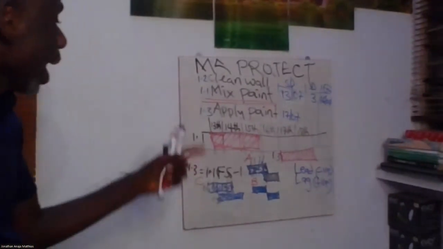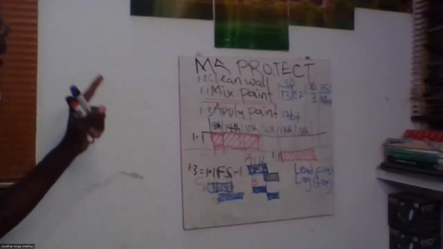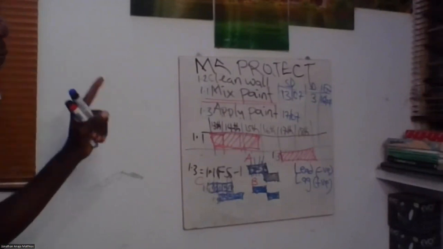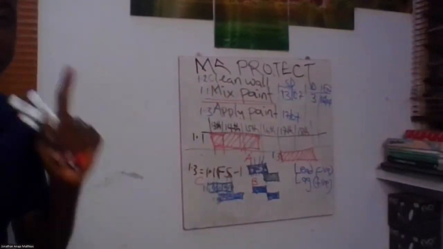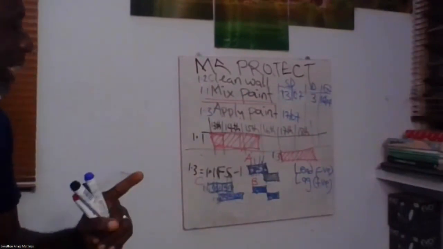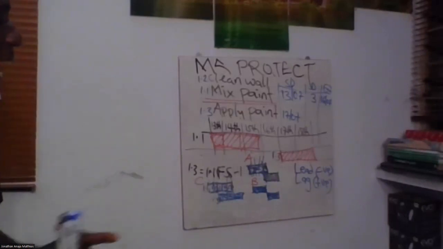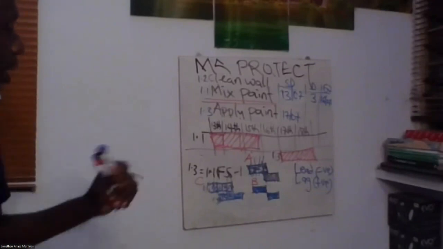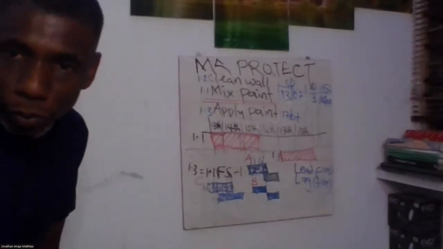Let me take it again. In A, apply paint has a relationship with mix paint in a finish to start relationship with a 1 day lead. So the successor activity is being advanced by 1 day in A, but B has a 0 lead. So what is the lead time of C? Who can just explain the lead time? 3 days.